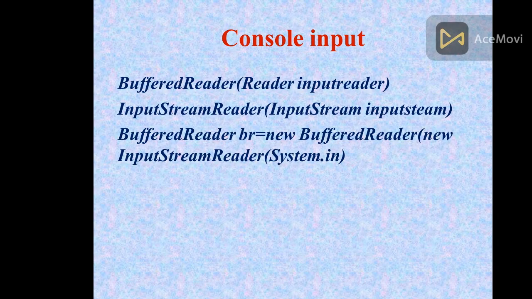For that purpose, in that program I am going to get the input from the external input stream. For that I am using two classes. One is BufferedReader, another one is InputStreamReader. BufferedReader is a class and also a constructor which is used to get the input from the external input stream.